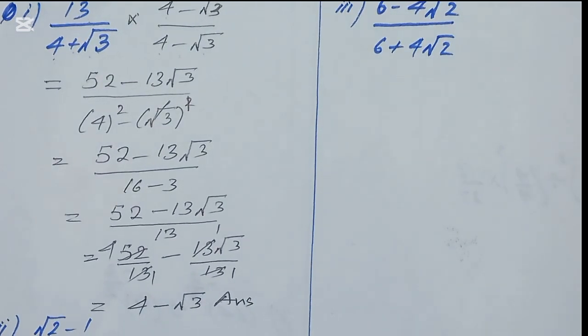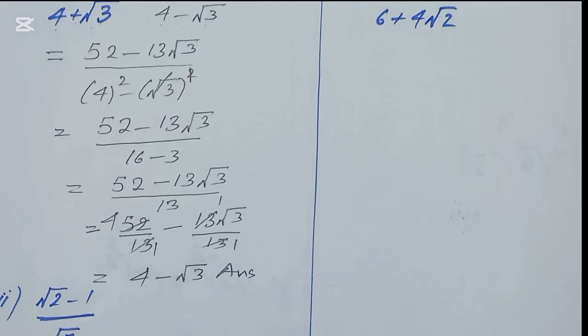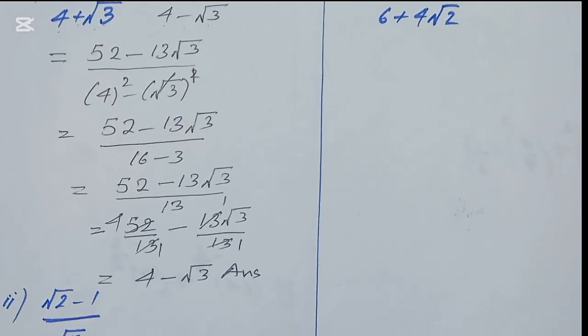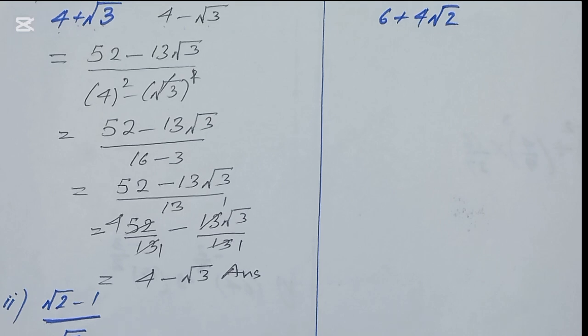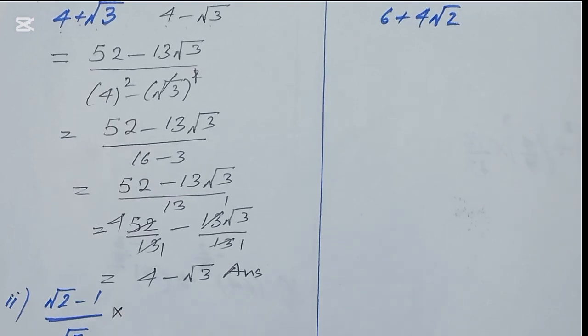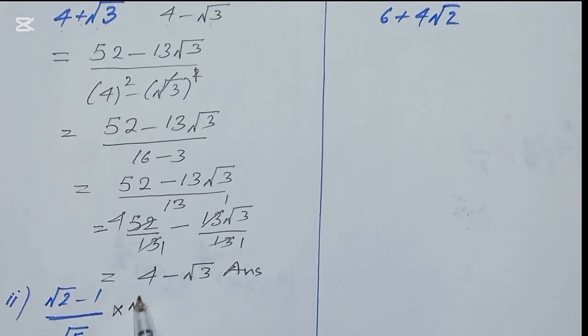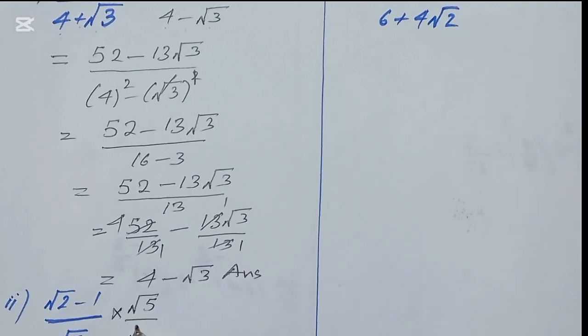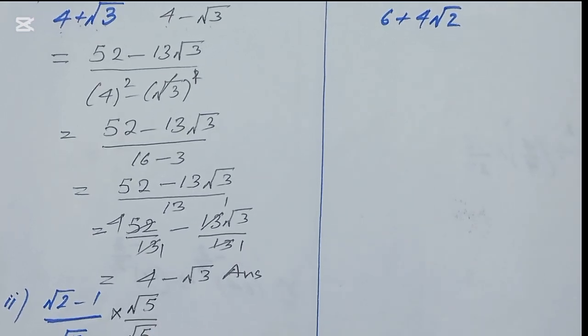The second part is under root 2 minus 1 by under root 5, and for this we want to remove radical sign from denominator, so we multiply. Here is only one value, therefore we multiply numerator by under root 5 and denominator also by under root 5.